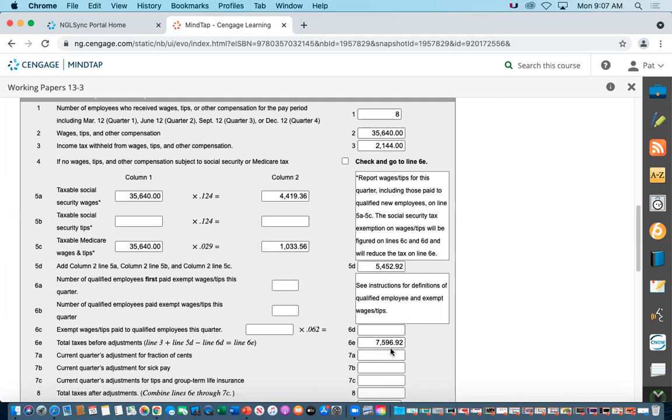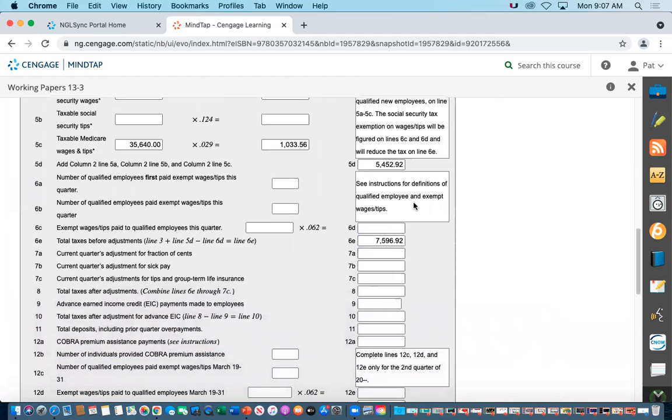Adding those two numbers up. We have no quarterly adjustments, no adjustment for sick pay. Okay, we have nothing in 7. So line 8 is combine all the adjustments, so it's the same number. You guys won't have any adjustments.